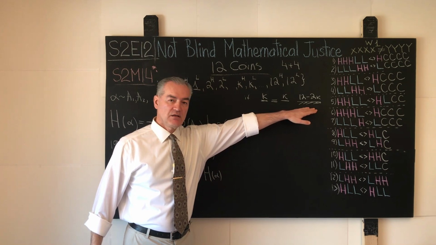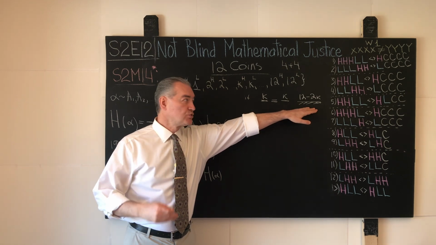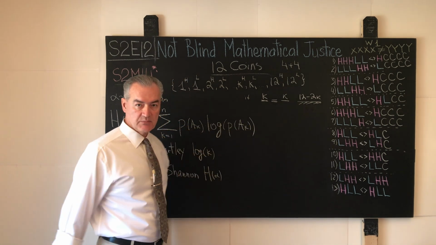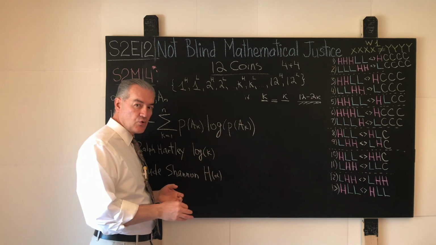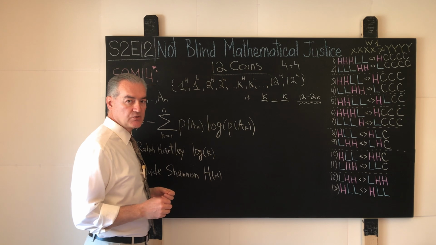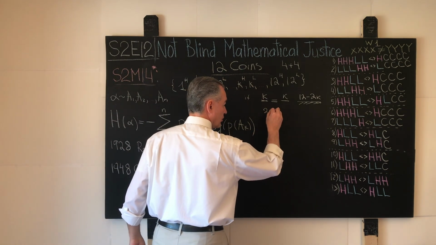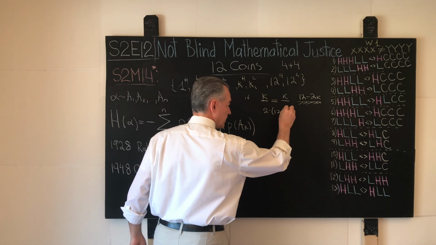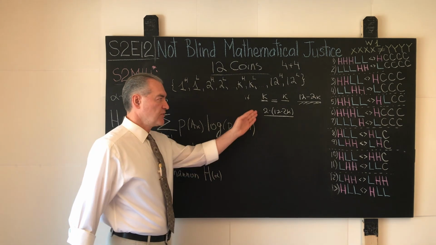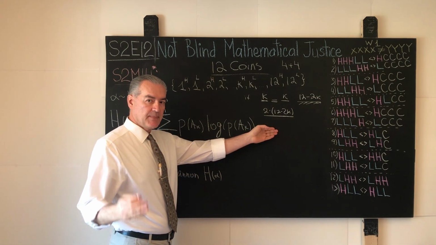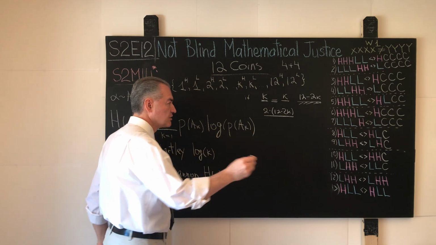And the number of possibilities for these coins is what? 2 times that number, because each coin can be light or heavy. So the probability that this specific coin with this specific weight quality will be fake will be given by what? Well, 2 times 12 minus 2k over what? This is the total number of favorable outcomes divided by, in the middle school fashion, the total number of outcomes.